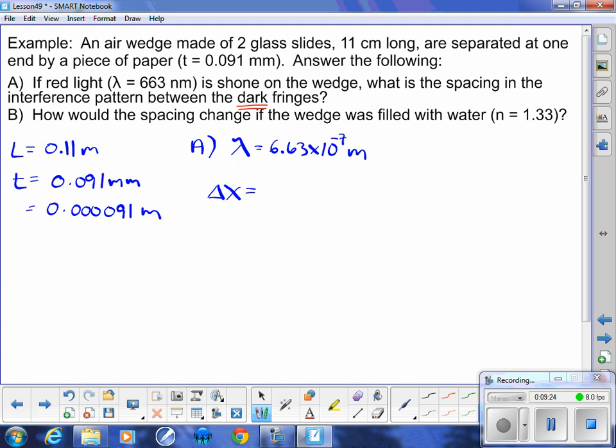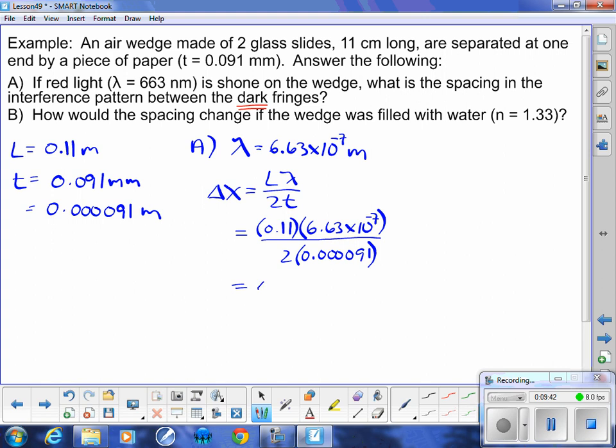So we have the formula, L lambda over 2t. From the previous slide there's my length. Lambda is up above, divided by 2 times my thickness.